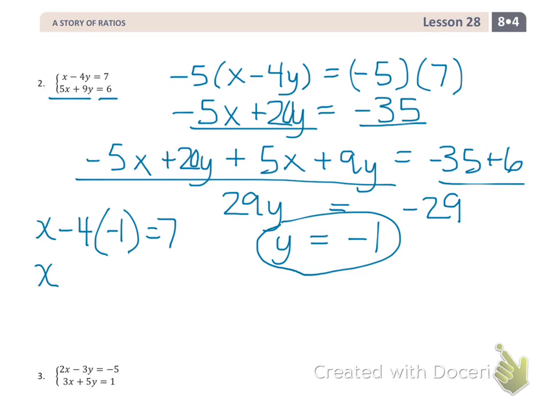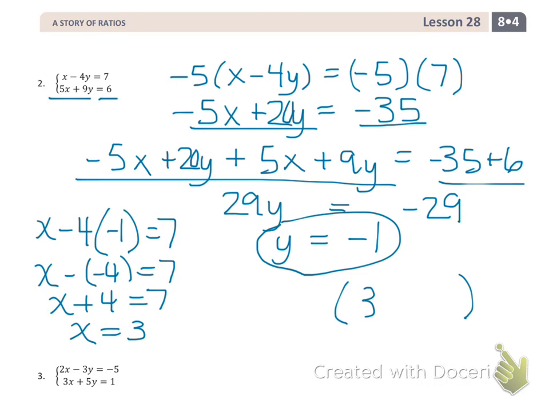So x minus 4 times negative 1 would be minus a negative 4 is 7. So x plus 4 equals 7. Subtracting 4, I'm going to get x equals 3. So my solution is x equals 3, y equals negative 1. And that's the solution to this equation.